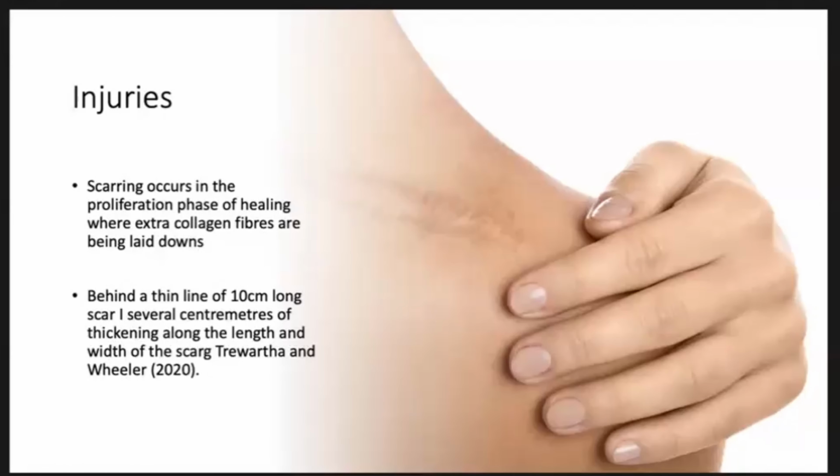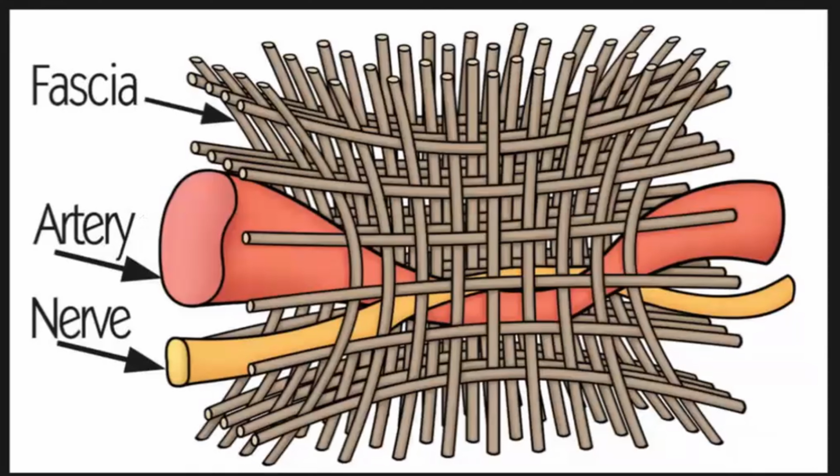So there's a lot more happening underneath, and this underneath bit that we don't necessarily see or appreciate is then going to influence everything underneath, compressing nerves, compressing arteries. So this is where people might injure their elbow and get pins and needles, because through the fascia and the scar tissue and the extra collagen fiber that's being laid down, we're getting the squeeze of the arteries and the squeeze of the nerve.